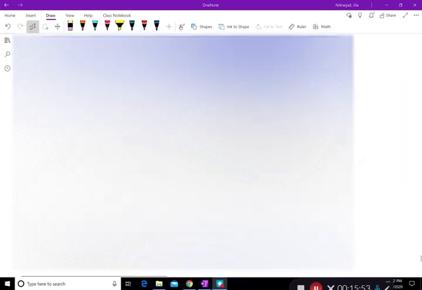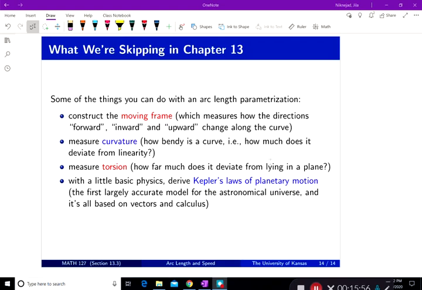We're skipping a bunch of material in chapter 13 that is very interesting and important in physics, for how we discuss motion in physics. The reason we're skipping it is so we can get to the important theorems that are also important for physics and other areas of science. So what are we skipping?